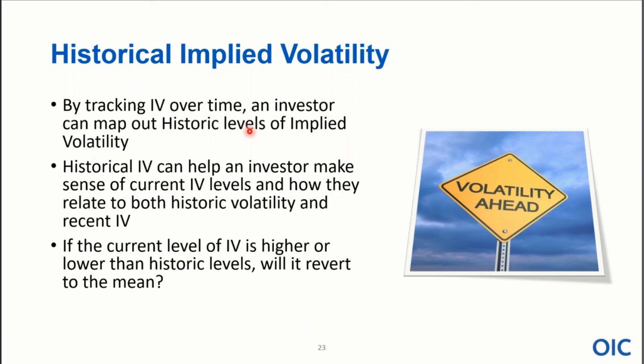So you compare current levels of implied volatility to historic levels of implied volatility, and to historical volatility, which we discussed at the beginning of this volatility segment. You have to do that kind of comparison.